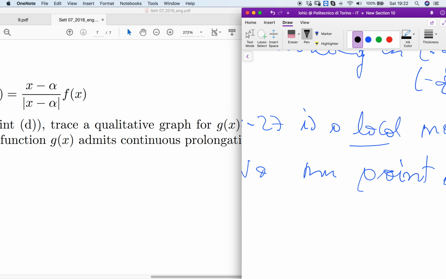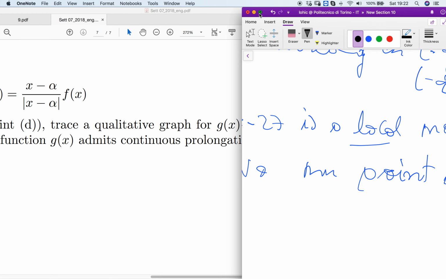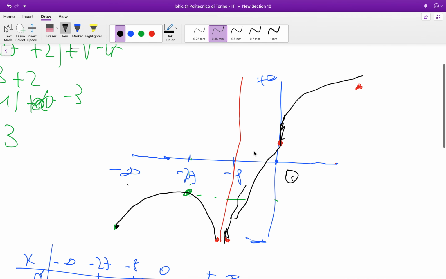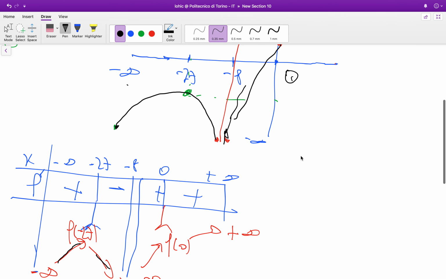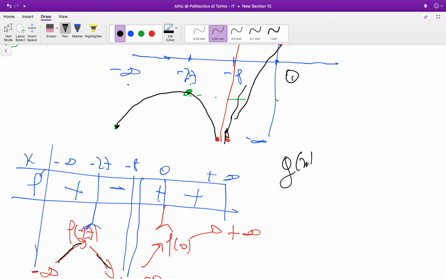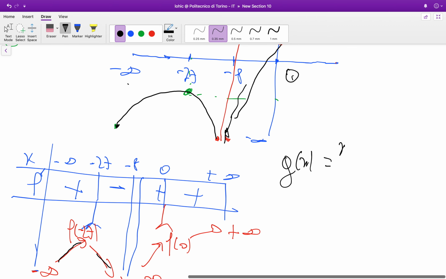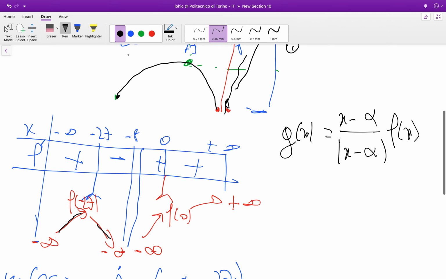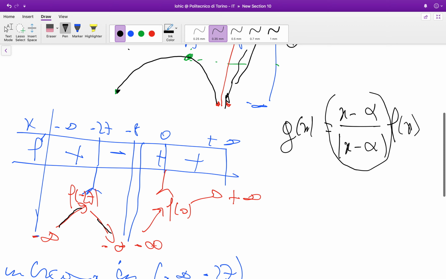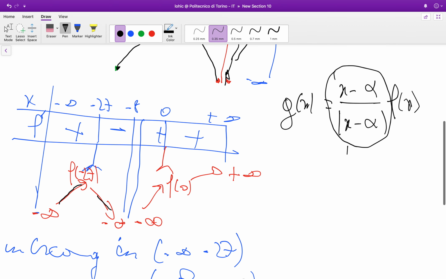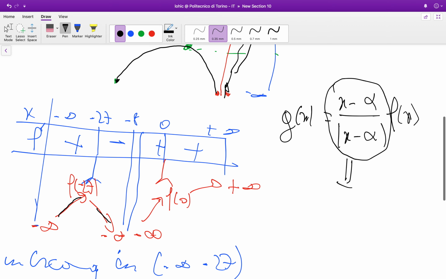So now that we got the graph of f of x, which is this, they give us the function g of x equal to x minus alpha over the absolute value of x minus alpha, multiplied by f of x. What I want you to note is that if x minus alpha is positive, this fraction will give 1.